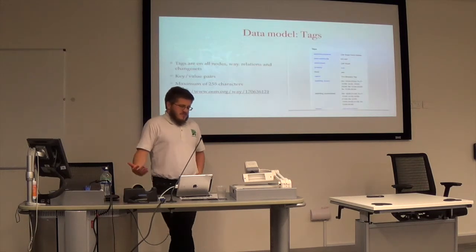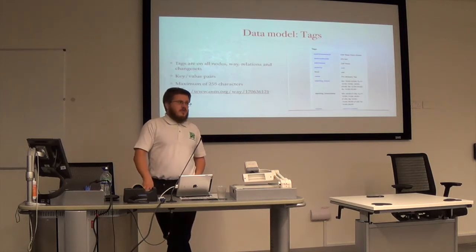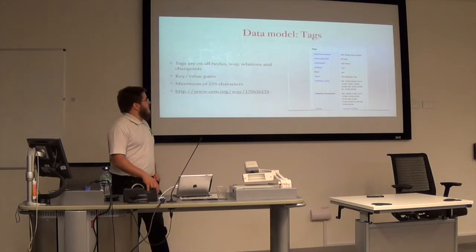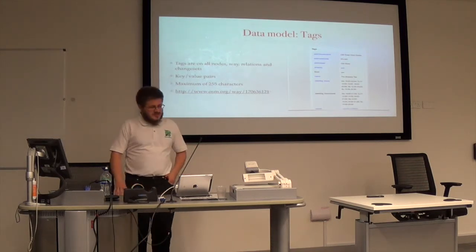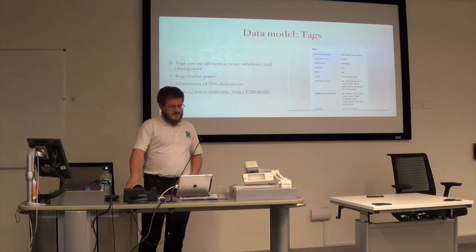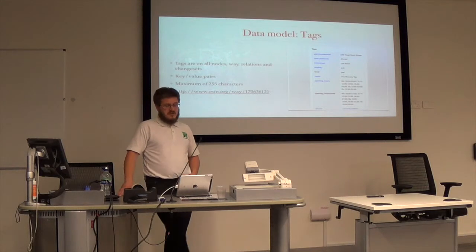Then you've got tags, where each of the previous objects has one of these, or many of these. There's an example on the side there of the brewery tap, where it's basically key value pairs, a bit like a hash if you're used to programming languages.